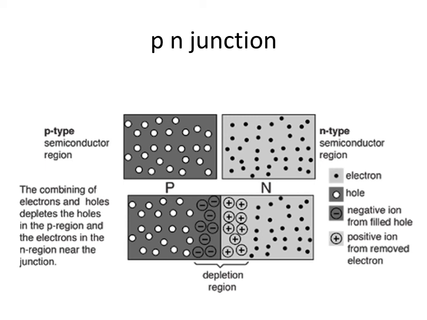Now in the middle I have drawn a diagram in which, on the right side near the junction in the N region, you can see a positive sign which is encircled. Some special meaning is attached to that symbol. When one electron moves from the right to the left, that electron is the free electron that was part of the dopant atom.